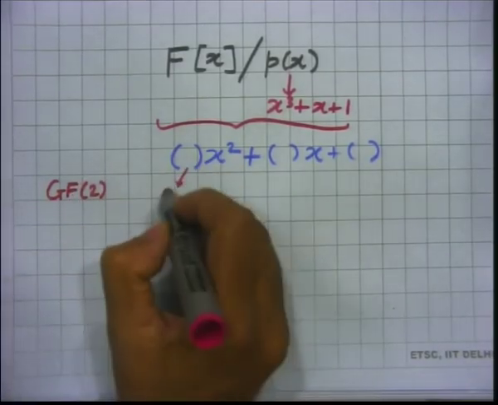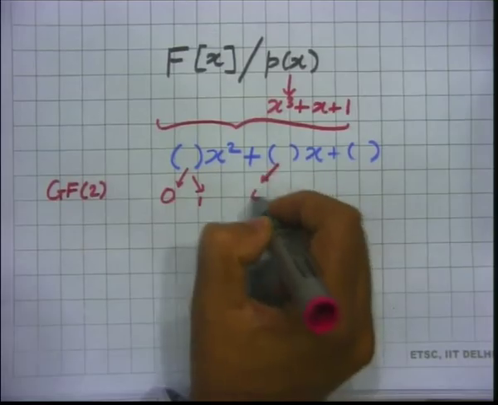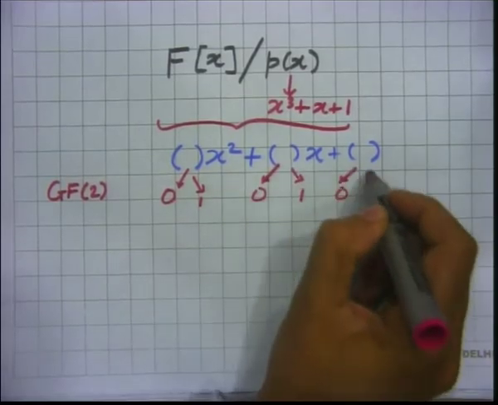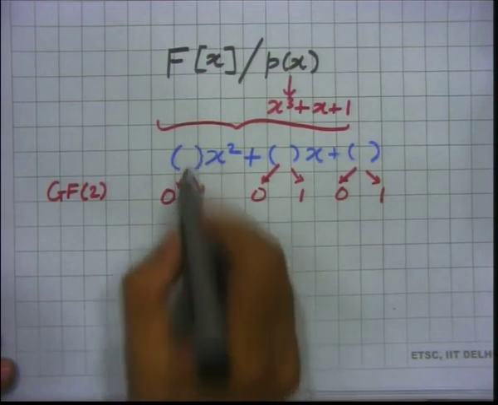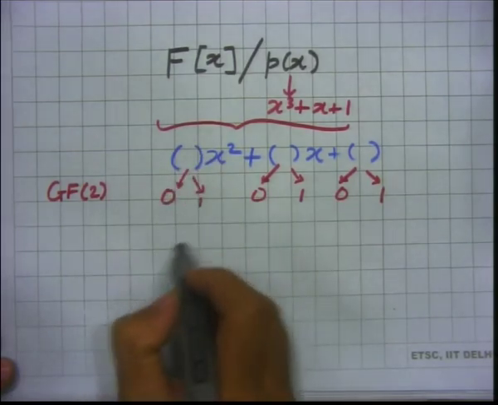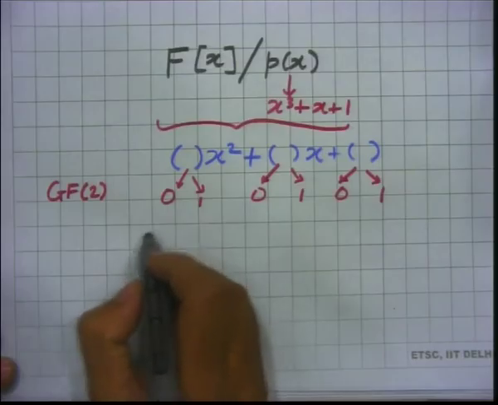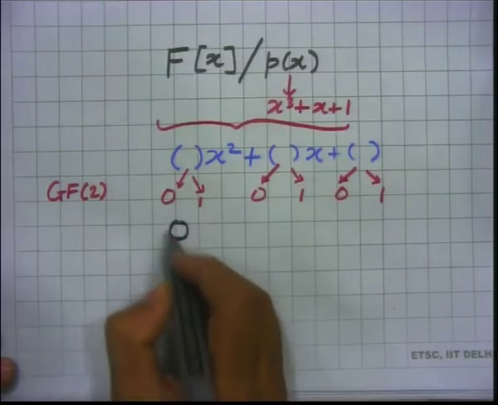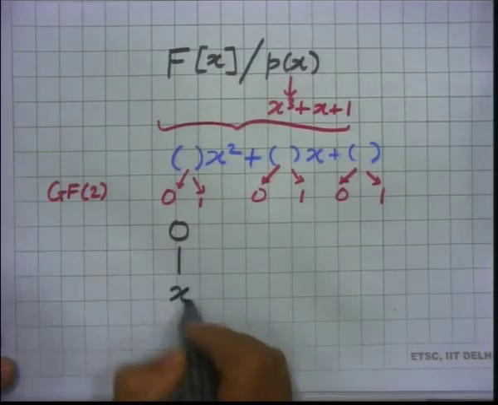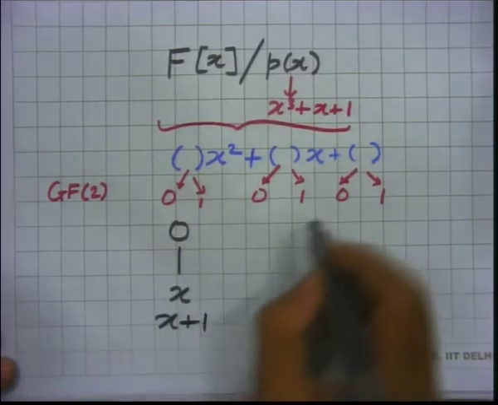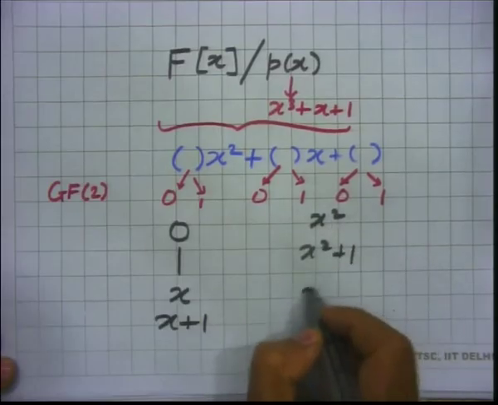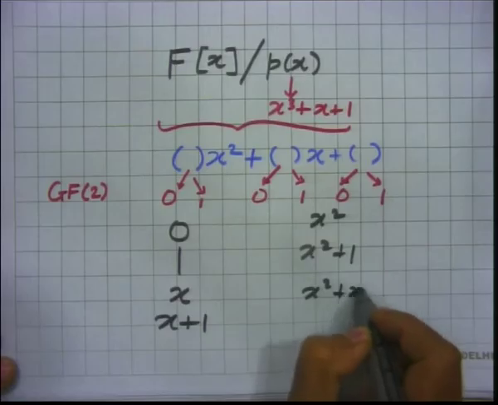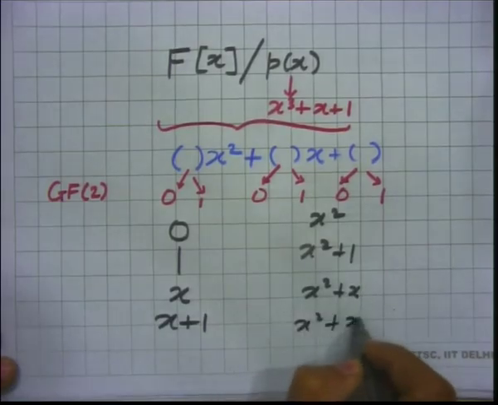Consequently, each coefficient is a 0 or a 1, 0 or a 1, 0 or a 1, and therefore you have these 8. So, you can have these places filled up: 0, 1, x, x plus 1, and then you have x squared plus 1, x squared plus x, and x squared plus x plus 1.